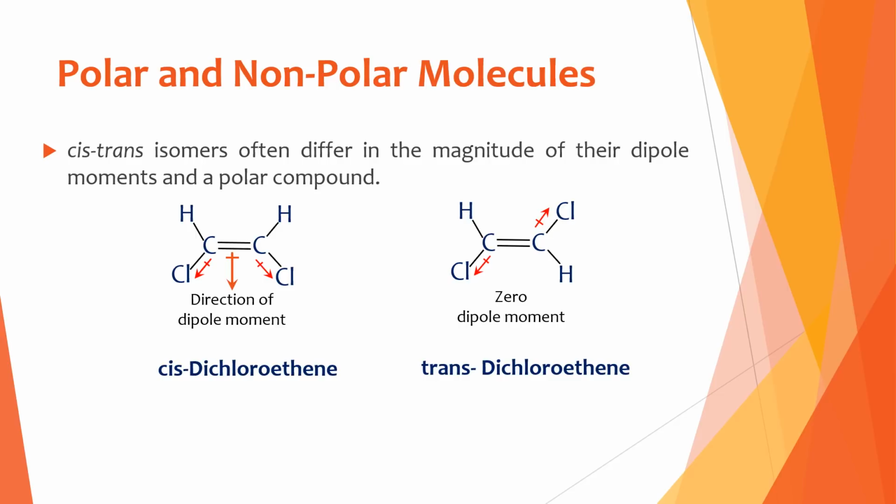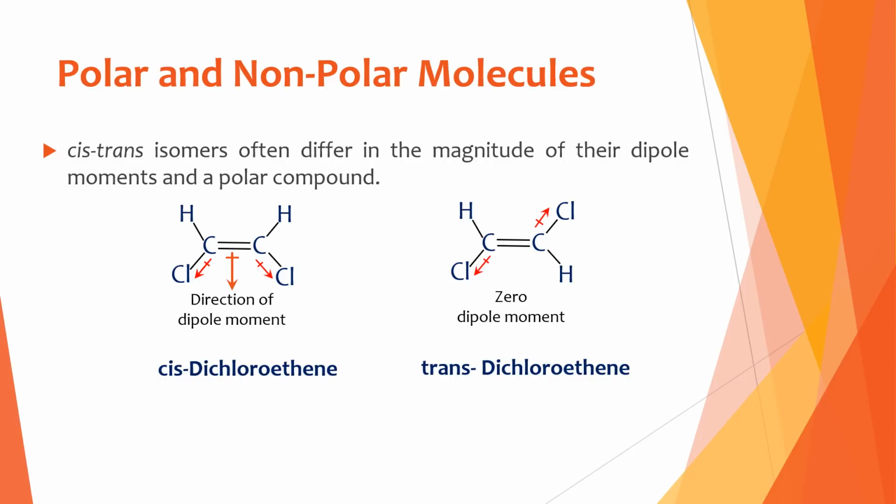Cis-trans isomers often differ in the magnitude of their dipole moments and polarity. Cis-trans isomers have the same molecular formula and the same side atoms, but the only thing different between cis and trans isomers is the placement of the side atoms.